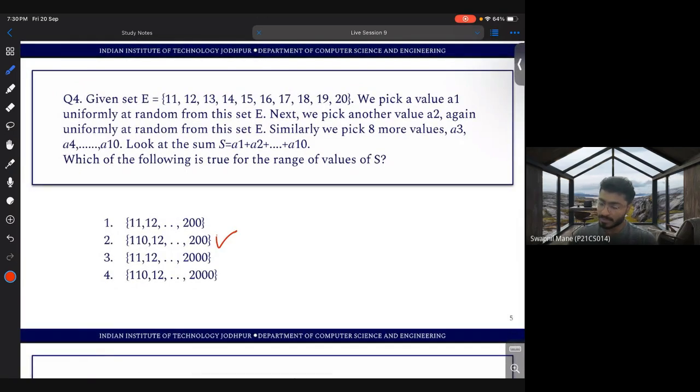Let's consider three cases that might be possible while picking the random numbers.